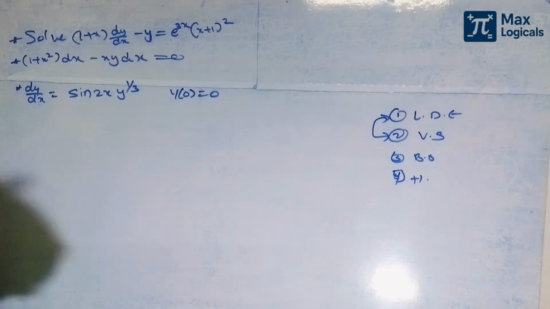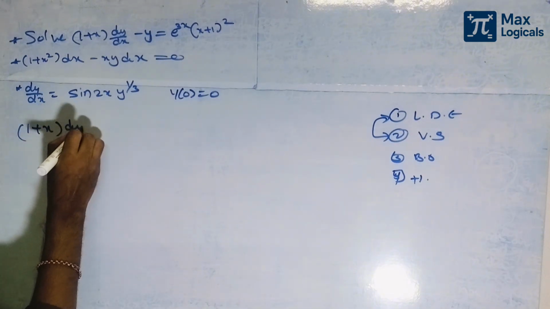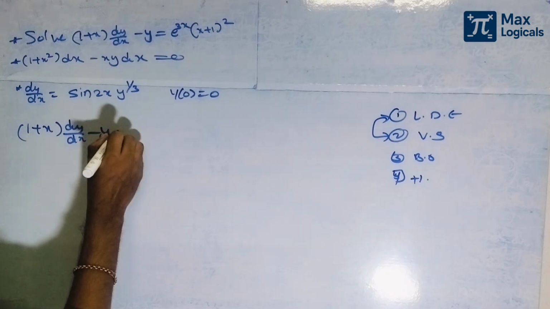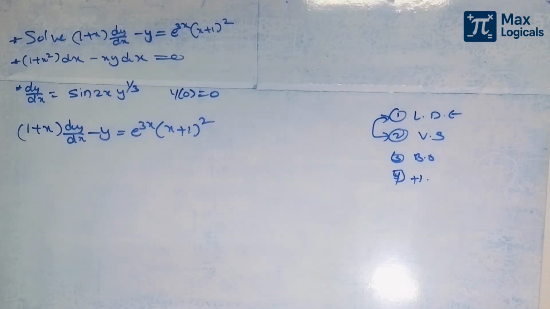These three differential equations are different types of differential equations. The first differential equation, (1 + x) dy/dx - y = e^(3x) (x + 1)^2, looks like a linear differential equation.